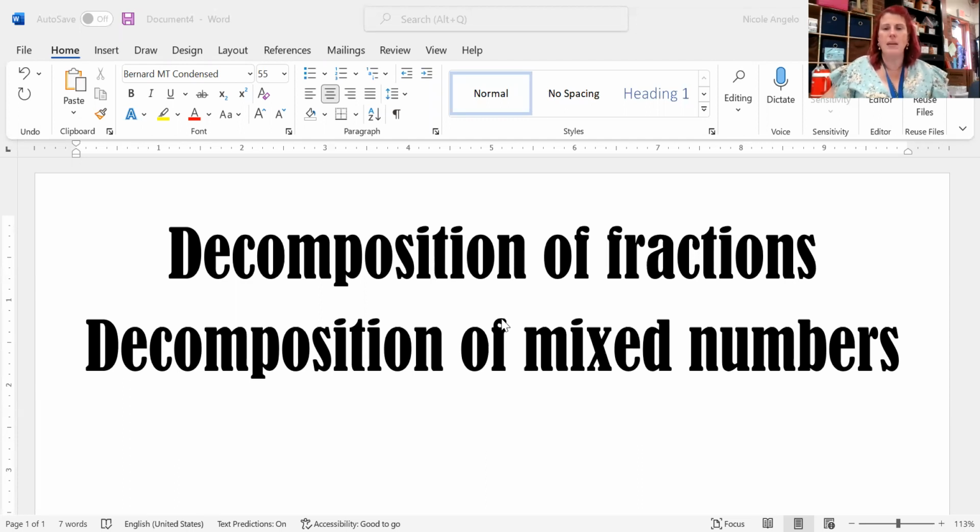So the first thing that we have to do is understand what decomposition is. Decomposition is the breaking apart of fractions into pieces where the sum of the numerators equals the original fraction. Here's an example: 3/5 is equal to 1/5 plus 2/5. Our denominators stay the same.